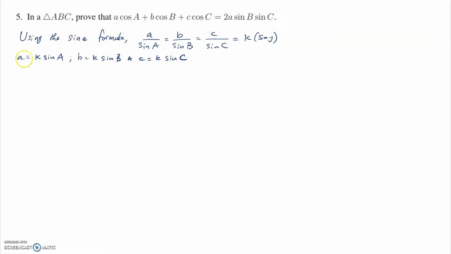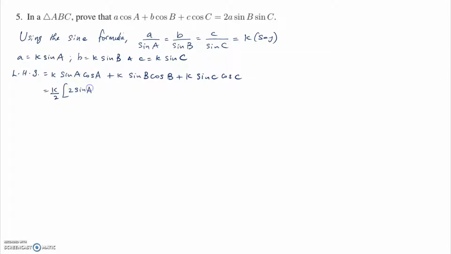Now, let's take the left hand side. Substituting a, b and c using the sine formula, we get k sin A cos A plus k sin B cos B plus k sin C cos C. Taking the k, which is common, outside, and let's divide it by 2, so you will be multiplying all the elements inside with a 2.